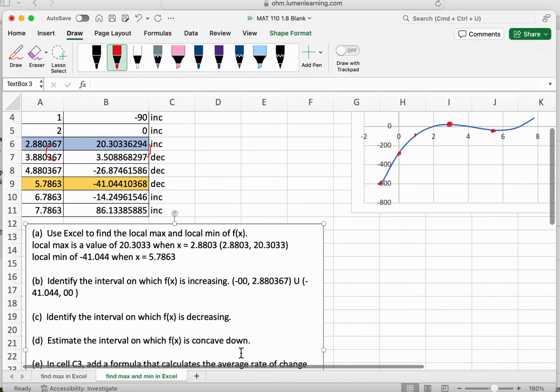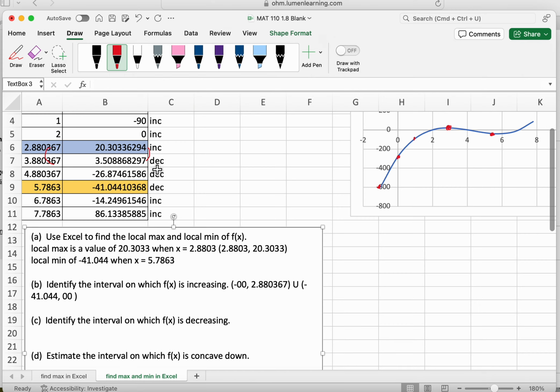Where's my function decreasing? It's decreasing between the maximum all the way down to the minimum. So I write that interval as 2.880367 all the way up to, oops, sorry, I made a mistake here.